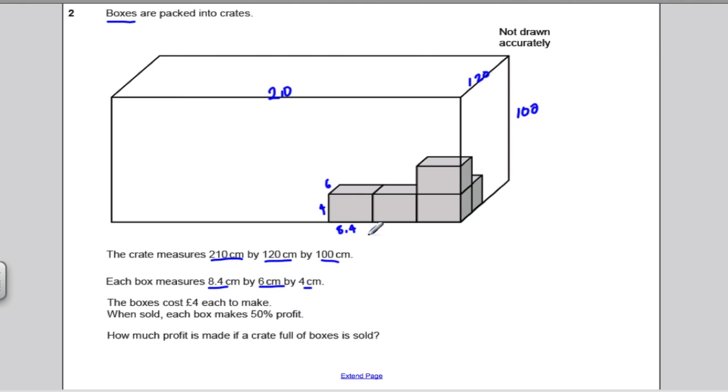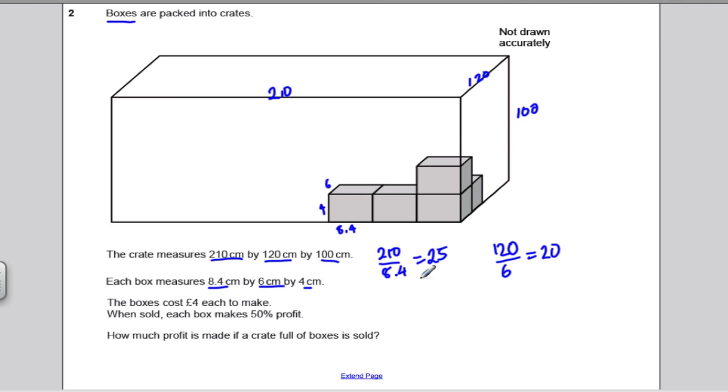The first thing we want to work out is how many boxes we get across. So we're going to take the 210 divided by 8.4, which gives me 25. We get 25 that way. Going backwards, we're going to do 120 divided by 6, which gives me 20 boxes going backwards.